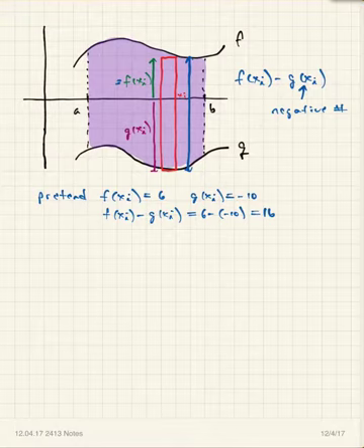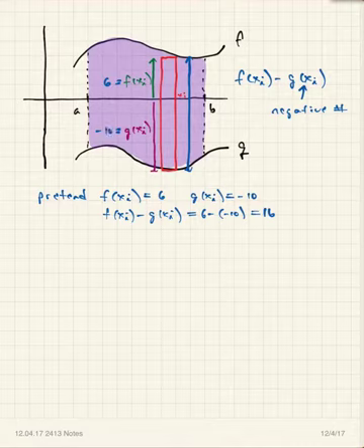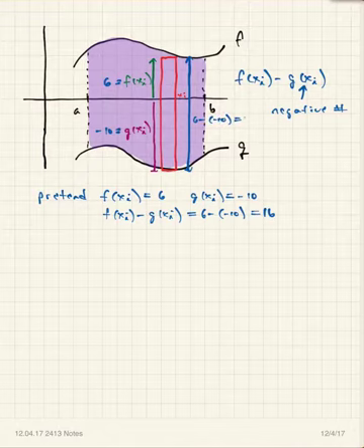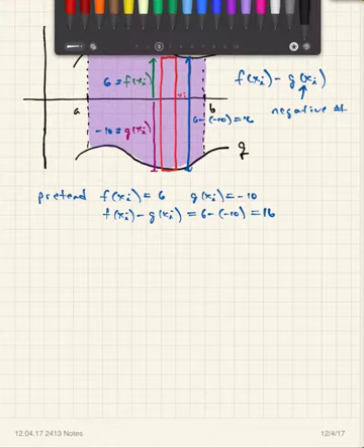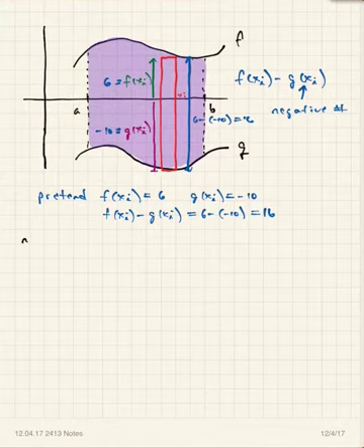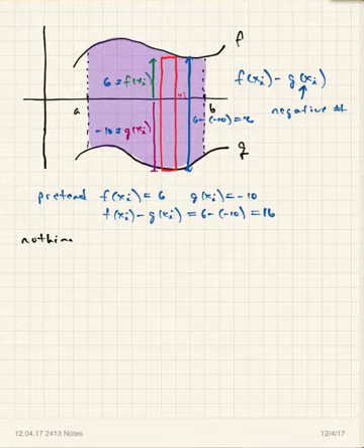In my picture, this would be 6, that distance, and that y value rather would be negative 10. And sure enough, that total distance would be 6 minus negative 10, or 16. And so I do get the right height, and so in this picture, the area is still upper curve minus lower curve. So nothing changes in this situation.